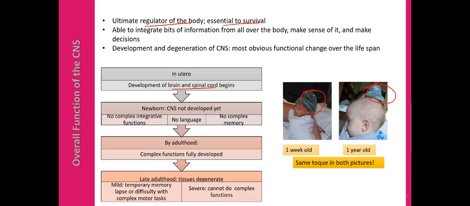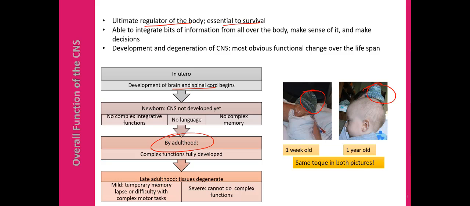Then as they grow up to be a baby, and then a toddler, and then a young child, and then a teenager, they develop more and more complex functions. By adulthood, those complex functions would have been fully developed, and it continues at that rate until late adulthood when the tissues start degenerating.